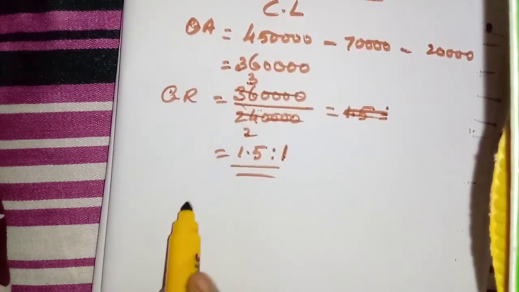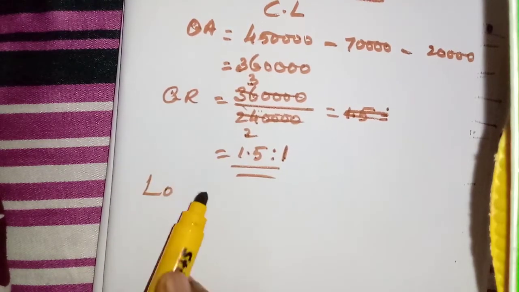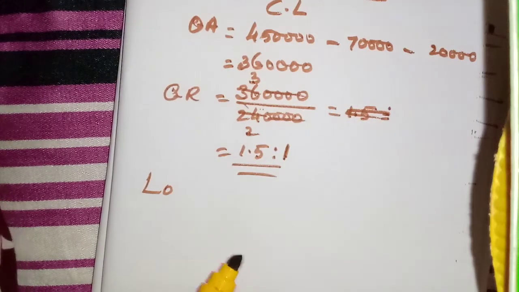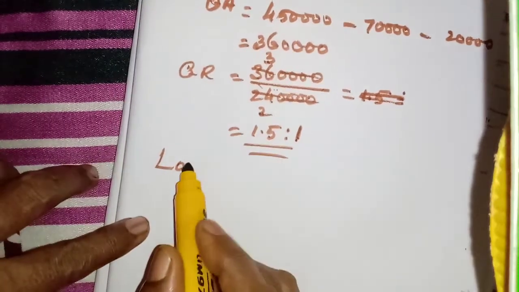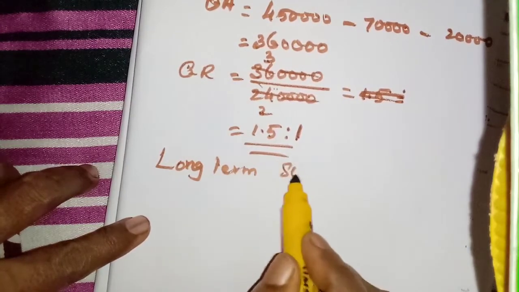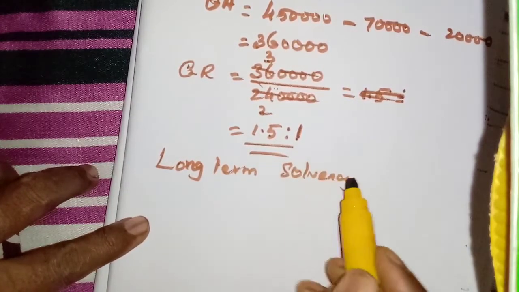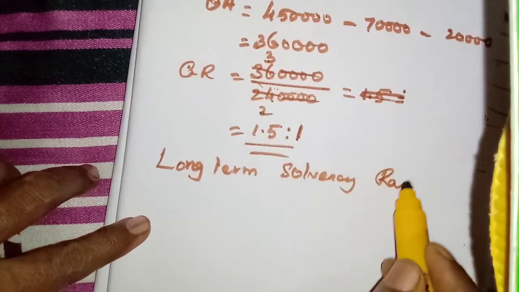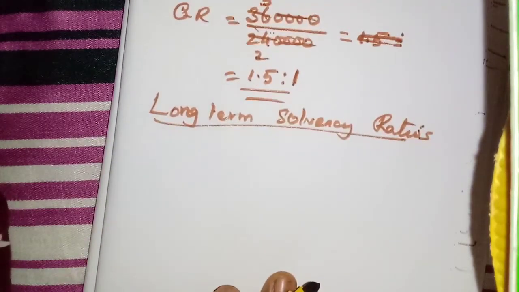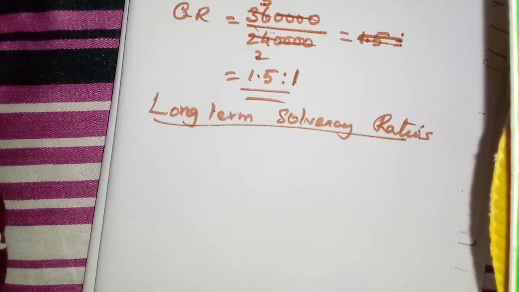Now we will learn the next ratios. Now you have understood the liquidity ratios. Two ratios we have learned. Then the long-term solvency ratios we are going to learn. There are three ratios available. The first one we learned was short-term solvency: how much is the current asset, how much is the current liability.